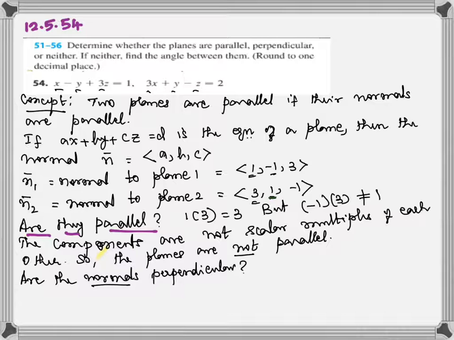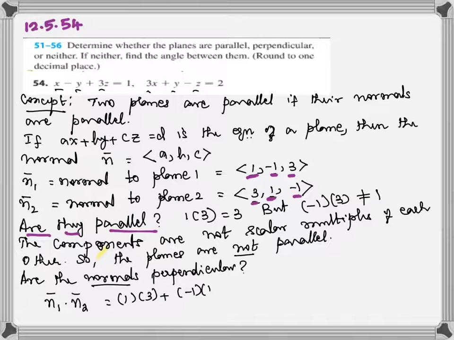The normals will be perpendicular to each other if the dot product of the two normal vectors ends up as 0. So n1 dot n2 is, you multiply the corresponding components, which is 1 times 3 plus -1 times 1 plus 3 times -1.